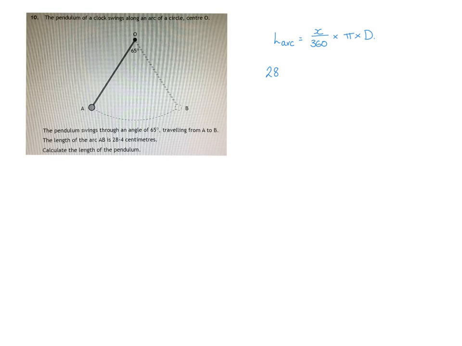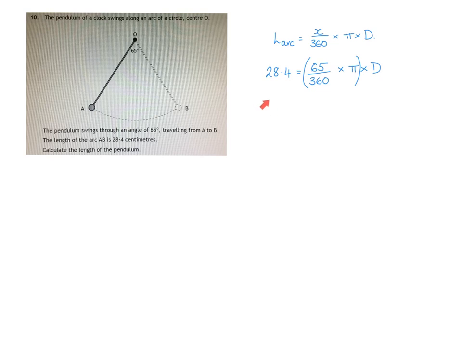So we get 28.4 is equal to 65 divided by 360 times pi times the diameter. If we think about this, we can rearrange it a little bit. These things here, we can put in brackets because they're all multiplied together. So we can take this 65 over 360 times pi, because they're just numbers. If we put them into our calculator, we just get a number.